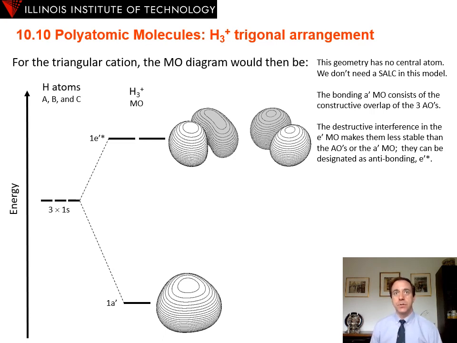Okay, so that's that. And again, we have a total of 2 electrons in H3+, so we can put those in, and that's what the orbital configuration for this geometry of H3+ would look like.